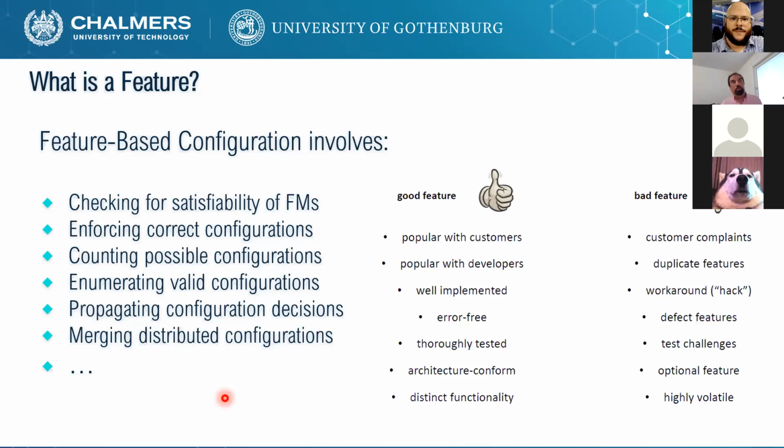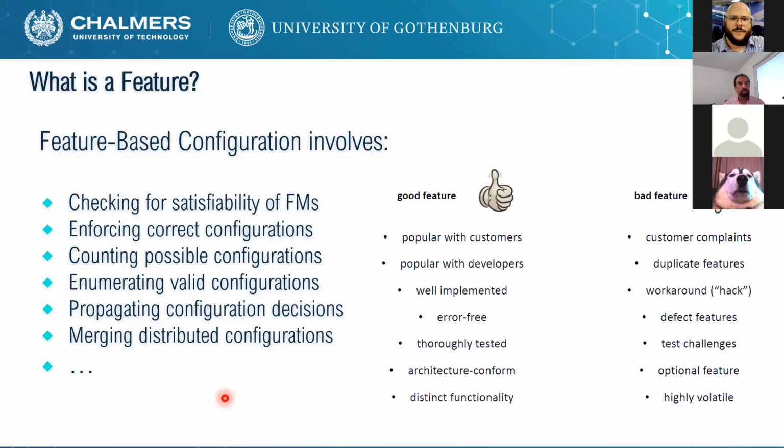Is it possible to do it within the time frame, within the skills in-house, and within our capacity? Enumerating valid configurations, you need to be able to show that within the product line, these are the configurations that are possible at the time.